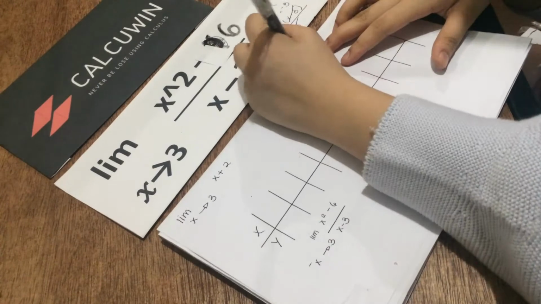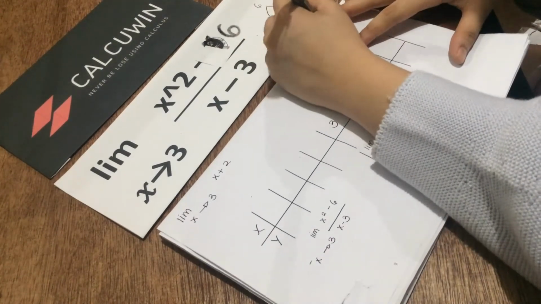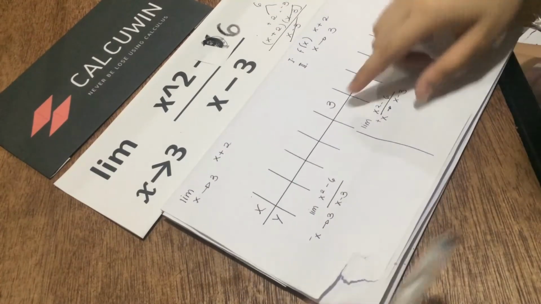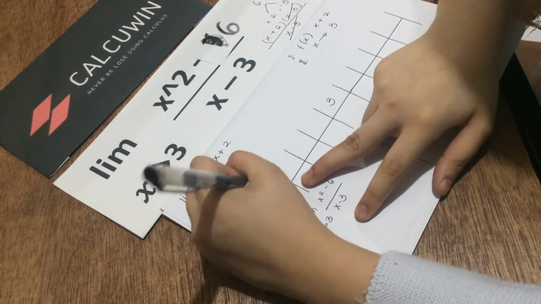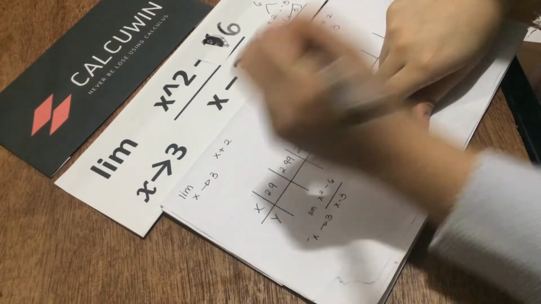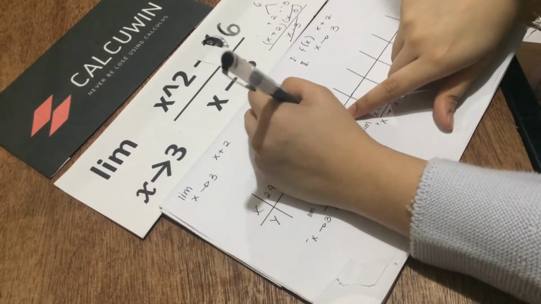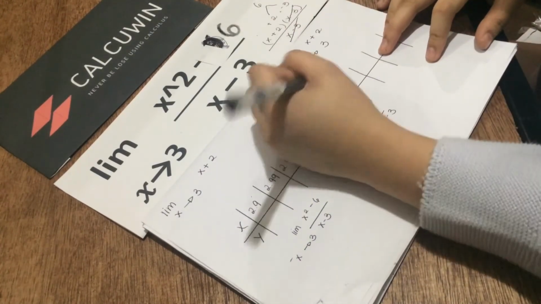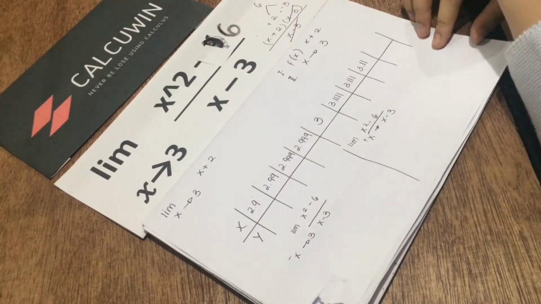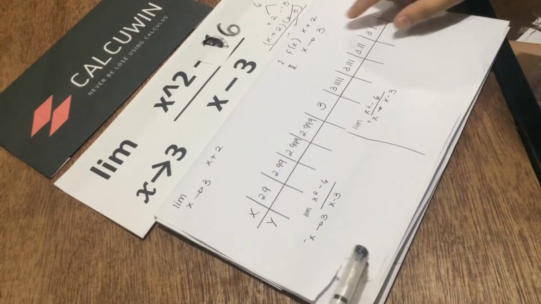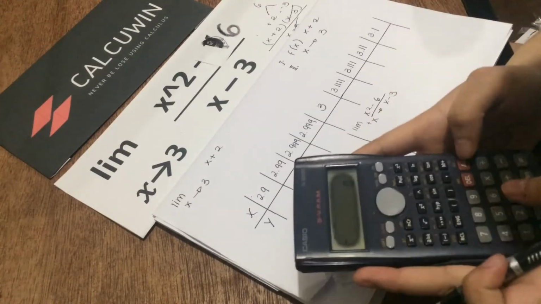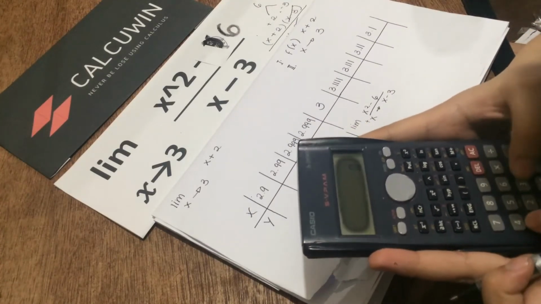Then again, I want you to focus on two things, x plus 2 and x approaches 3. Then again, find a value that is closer to the 3 on the left hand side, as well as on the right hand side. Then let's do the direct substitution of x values to find the values of y tables.